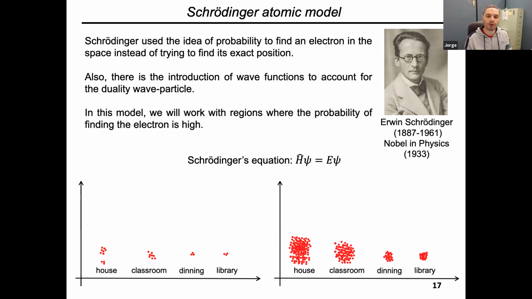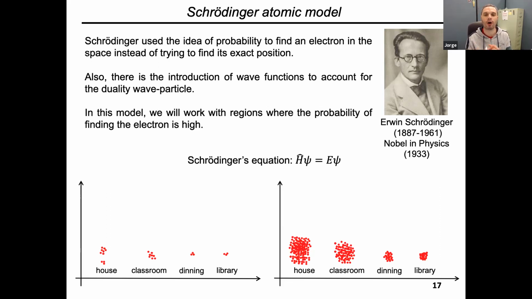Also, we are going to introduce wave functions to account for the wave-particle duality. So we will not treat the electron as a classical mechanics body. Okay, so we now are going to treat it as a particle and also as a wave.